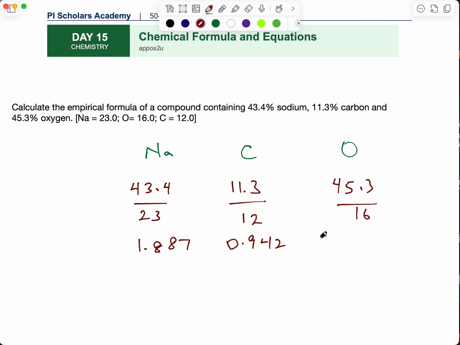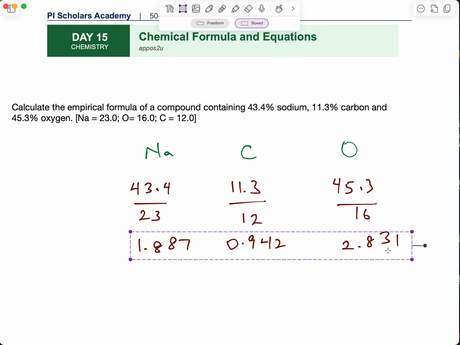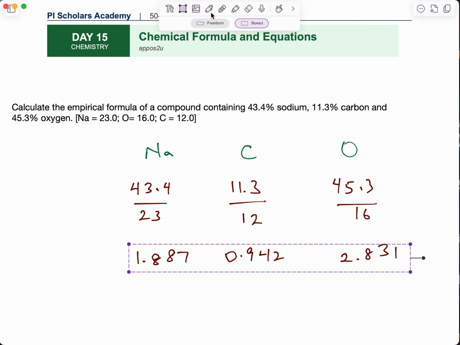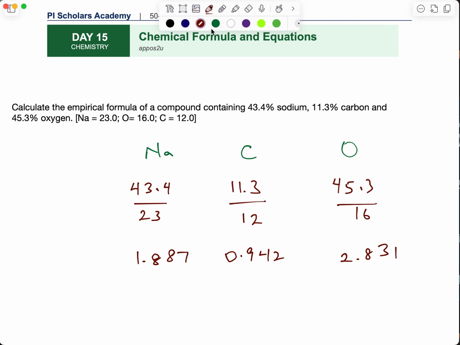And finally, we have 45.3 divided by 16, that's 2.831. So when you have gotten this, you have been able to get their number of moles, how each of them combines in the particular compound that is formed.